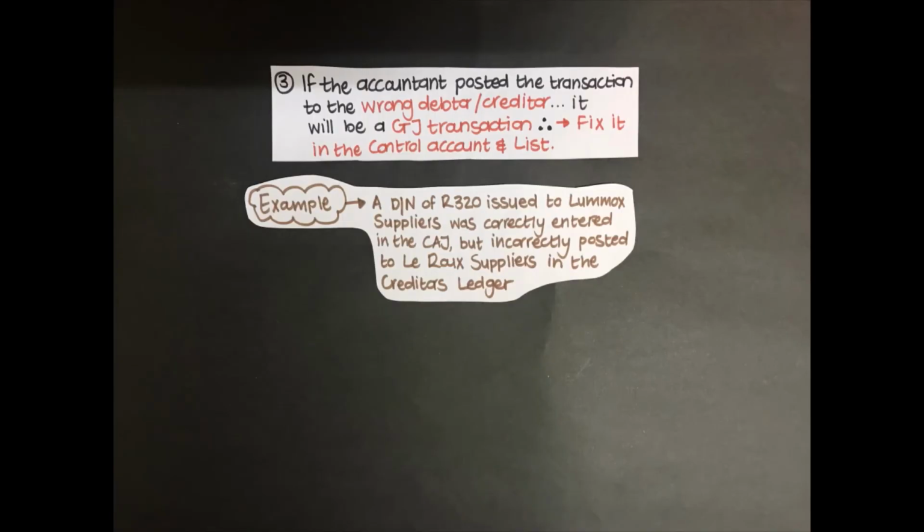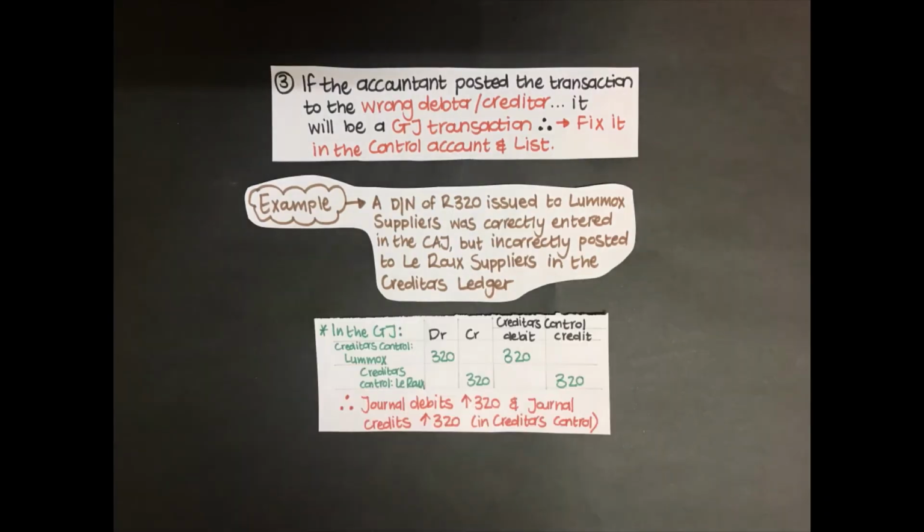To fix this in the general journal, we will do the following. We will go and debit Lumox suppliers because we actually sent stuff back to them, and credit Leroux suppliers. This will affect the creditors control column on the debit and credit side. In other words, your total journal debits from the GJ will go up with 320, and your total journal credits in the creditors control account from the GJ will also go up with 320.